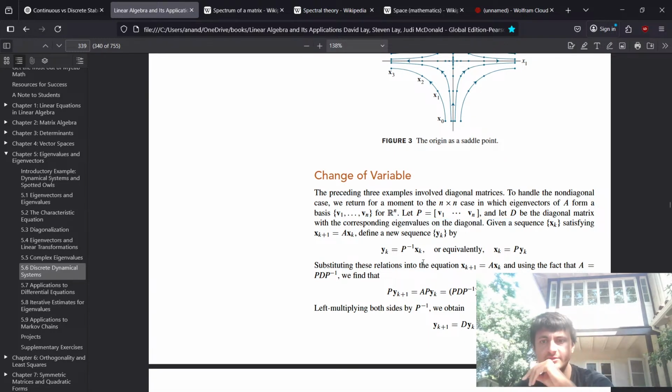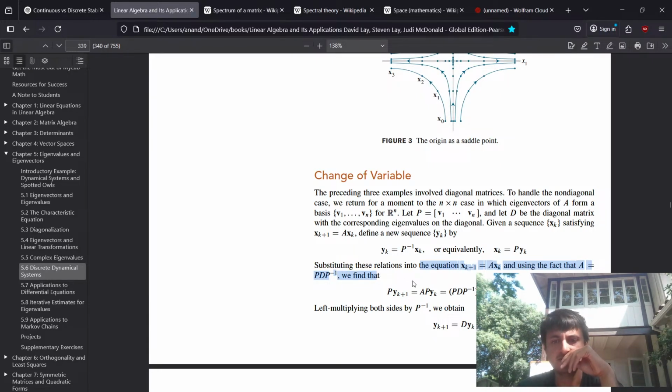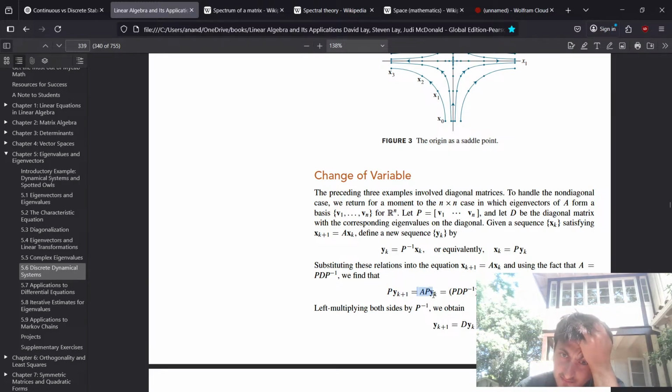Substituting these relations into the original equation using the fact that A equals PDP inverse, P y k plus 1 is equal to APyk. So we get P. Oh, okay.